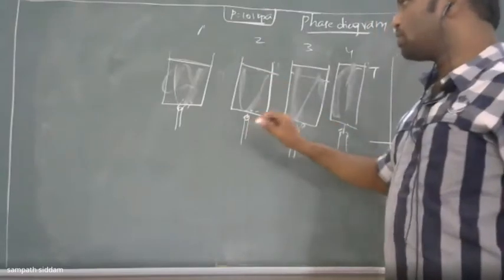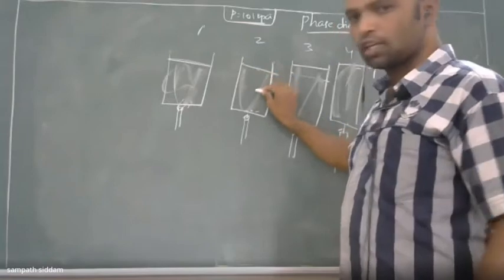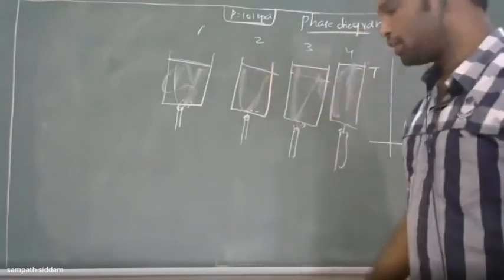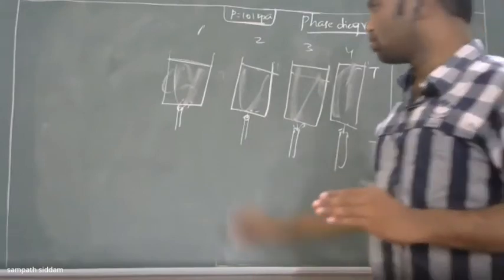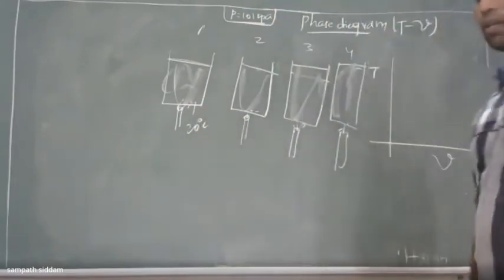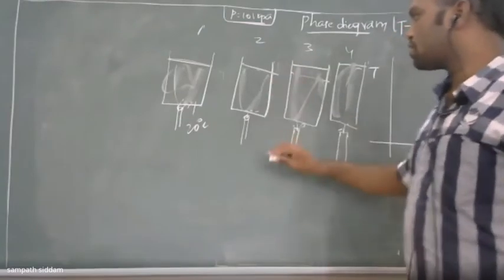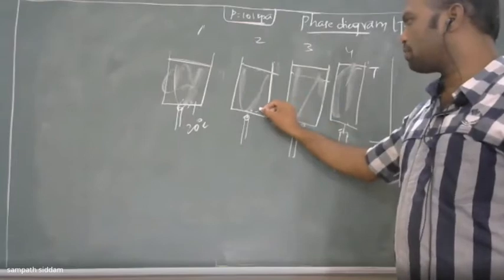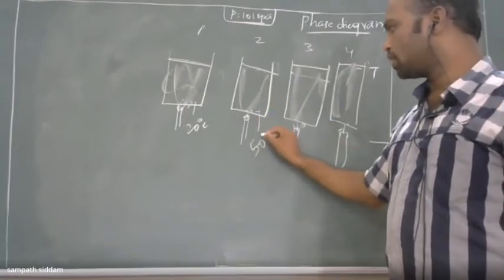So usually the fluid you consider is in a liquid state itself, and the temperature before was 20 degrees Celsius. In the second case, let me say the temperature has reached about 50 degrees Celsius.